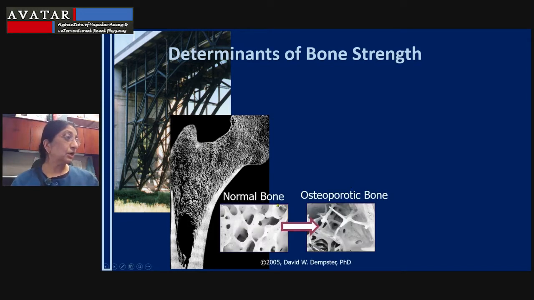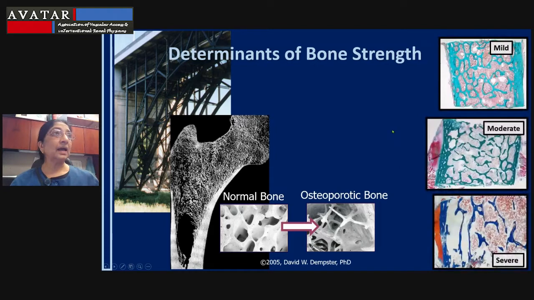These graphics show a 3D reconstruction, and these show the histological progression when a person is losing bone. In the histology, we see progressive loss of trabeculae, thinning of the trabeculae, and a decrease in trabecular connectivity. When we look at the cortex, we see thinning of the cortex and increasing porosity of the cortex, and all these translate into a decrease in bone mass as we go along the spectrum.